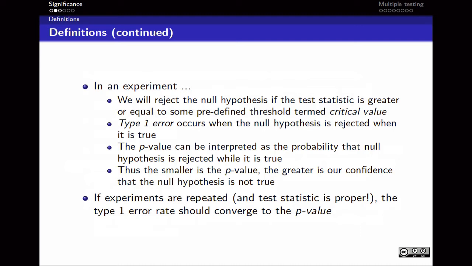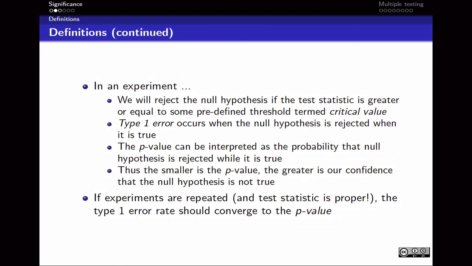And type 1 error is an event which occurs in an experiment when we reject the null hypothesis, so we get test statistics greater than critical value, while it is true, right? So if in an experiment we obtain the test statistic over critical value and reject null hypothesis while actually there is no association there, null hypothesis is true, we call this an event of occurrence of type 1 error.